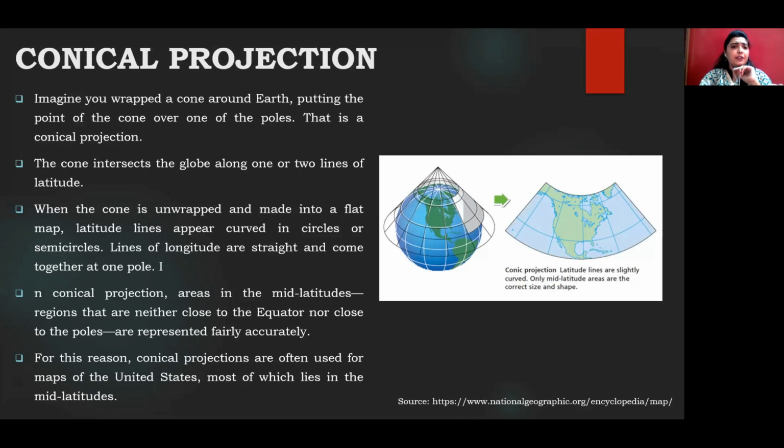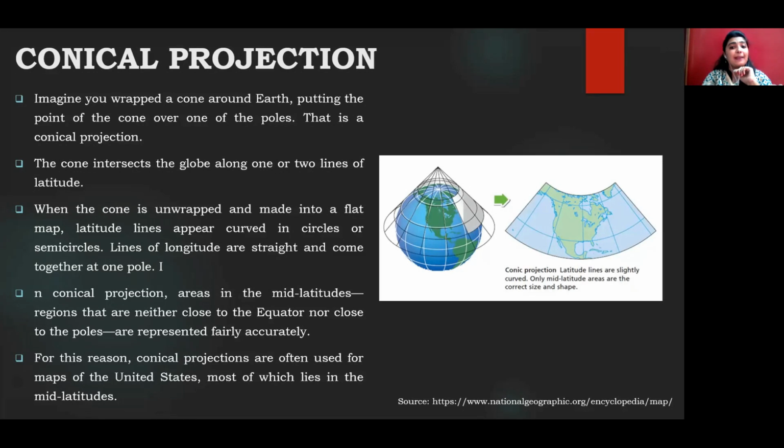As written here, when the cone is unwrapped and made into a flat surface, latitude lines appear curved in circles or semicircles. Lines of longitude are straight and come together at one pole. So this conical projection shows that the longitudes come closer towards the poles, and the latitude lines are circles and semicircles.